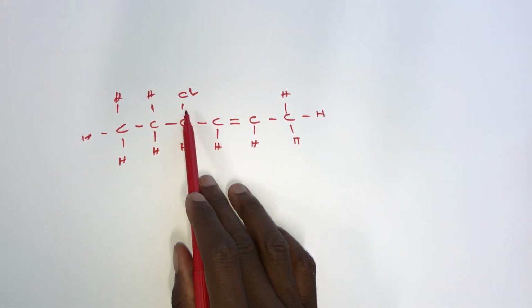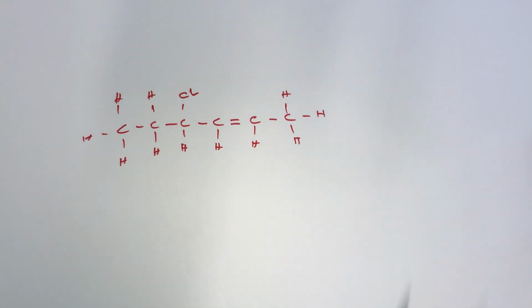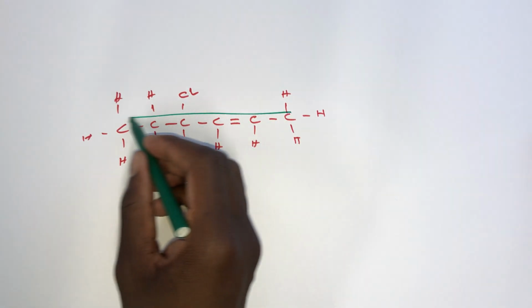Here we have Cl now and a double bond. So remember, a double bond is a functional group. That means a functional group must get the lowest number first. So this is what we're going to do now. We must circle the longest chain. So this is the longest chain.